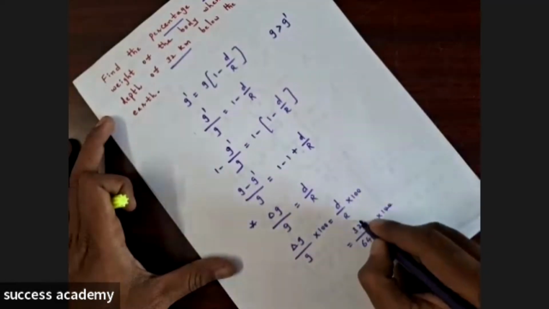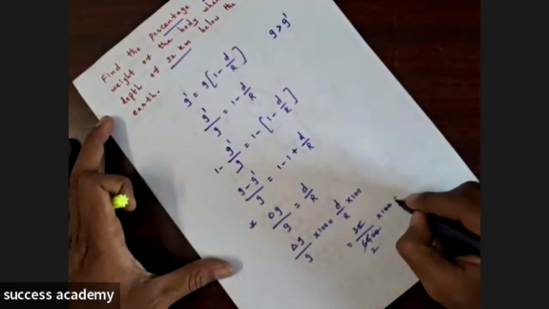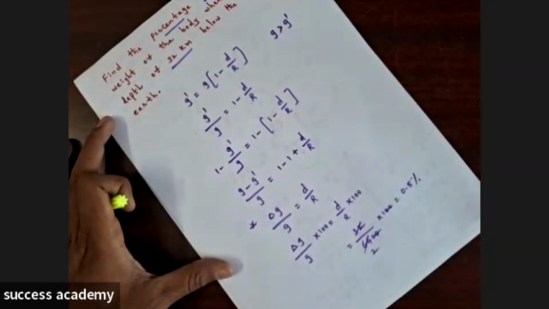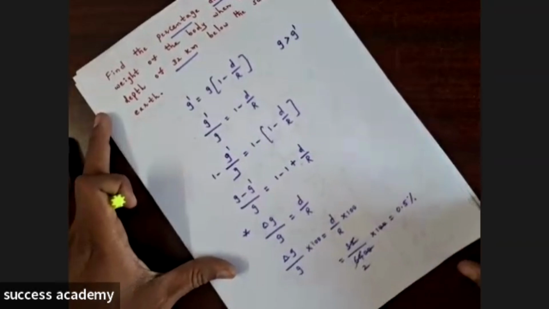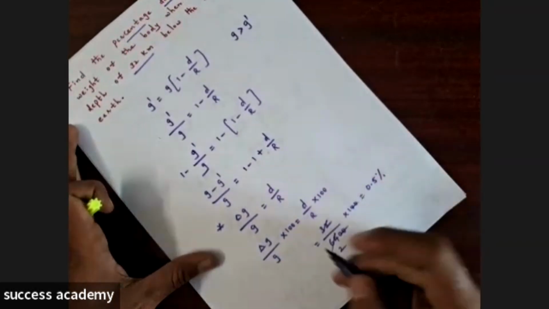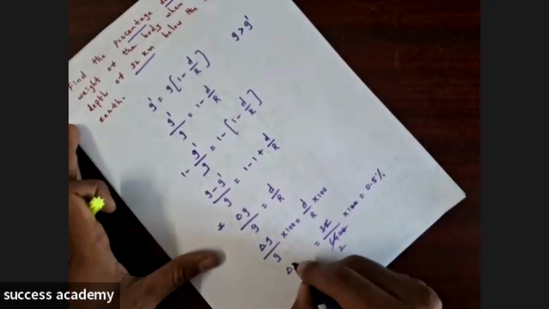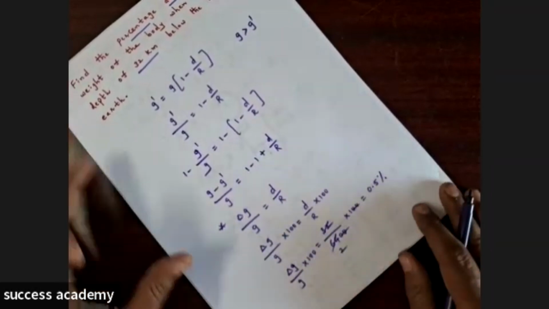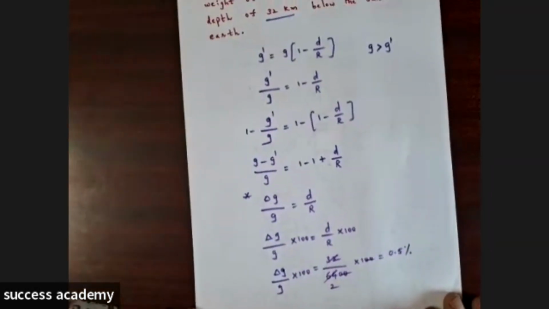Two zeros get cancelled. 32 ones are 32, twos are 64, so 1 by 2, which is 0.5%. How much decrease takes place? 0.5%. That is delta g by g into 100, the percentage decrease in the weight.